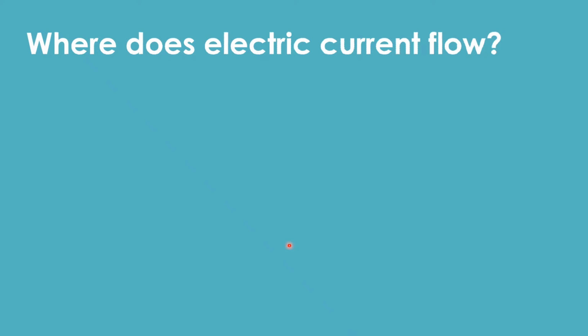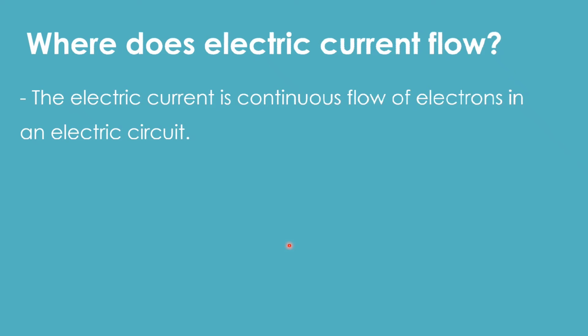And I think we are ready now to answer the two questions that we have in our previous slides. So the first is, where does the electric current flow? Okay, let's answer this one. The electric current is the continuous flow of electrons in an electric circuit.